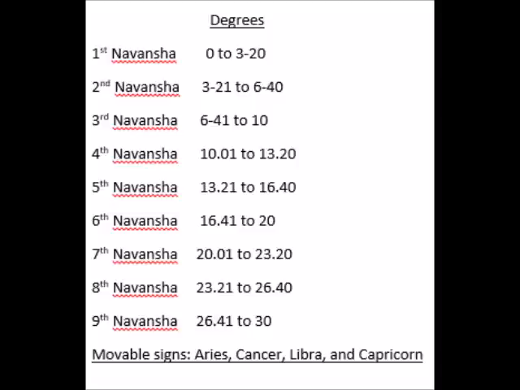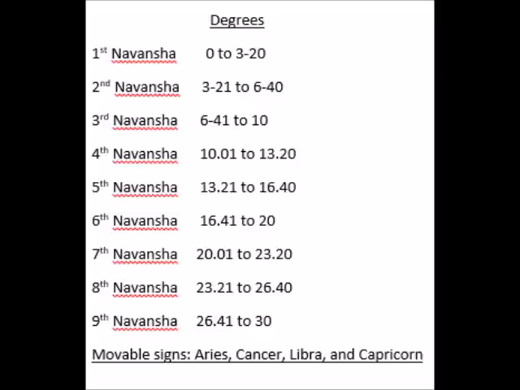So what we will do is we'll take that planet Ketu and count the fourth Navansha from Aquarius where it is sitting. However, as I've already explained, the rule is that the calculation will be done only from the movable signs, and we know that Aquarius, where Ketu is sitting, is not a movable sign.